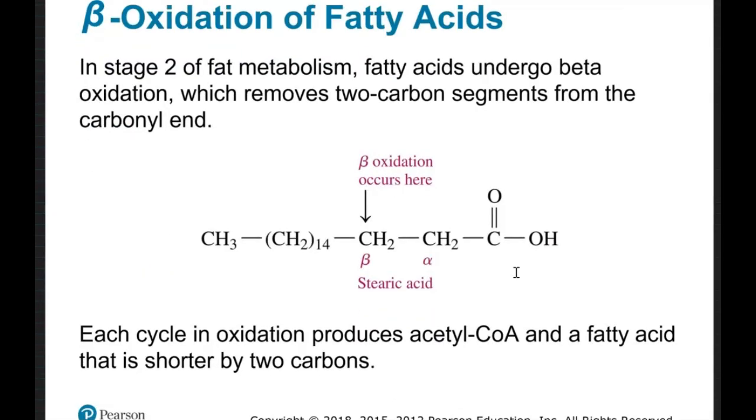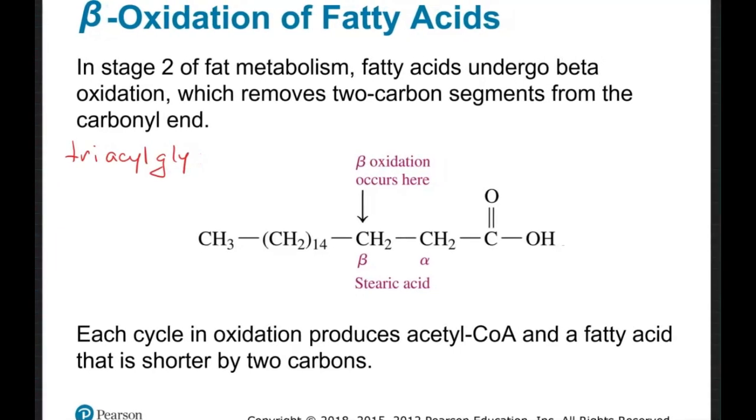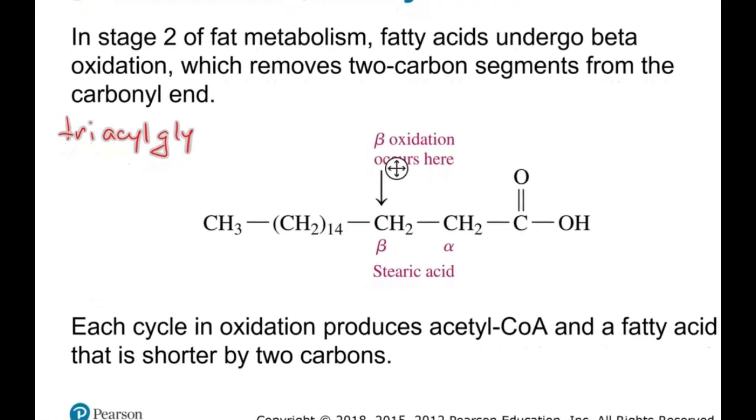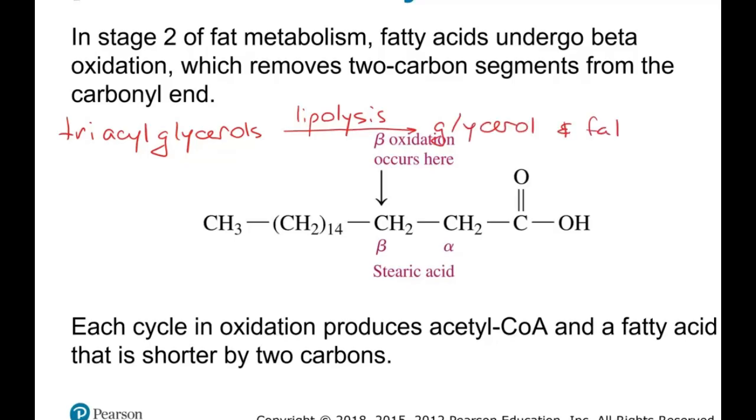So effectively, just a quick reminder, folks, when you have triglycerides or triacylglycerols, they are, during the process of lipolysis, broken down to glycerol and fatty acids.